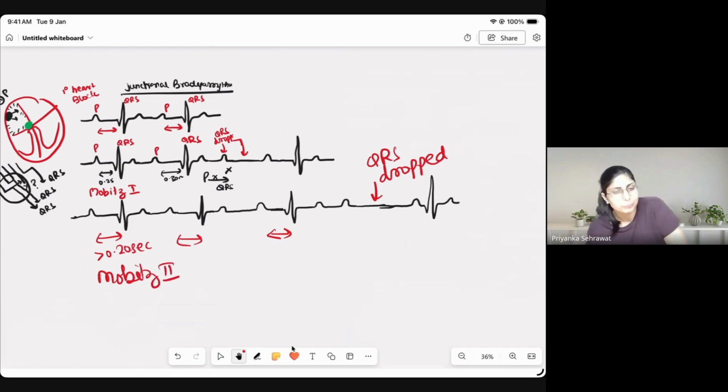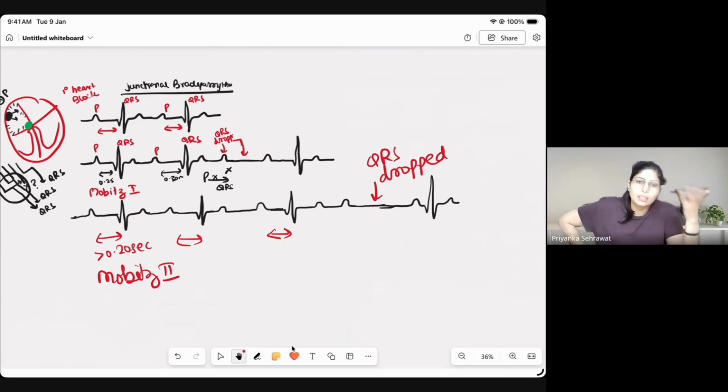Mobitz type 1, all the P waves are progressively getting prolonged PR intervals, followed by one QRS that gets dropped. Mobitz type 2, PR interval is prolonged, but no progressive prolongation, equally prolonged in all the beats, and then one QRS gets dropped. There is one P wave which doesn't get transferred via the AV node to the ventricle because of the abnormal AV nodal delay. So that is what we call Mobitz type 2.